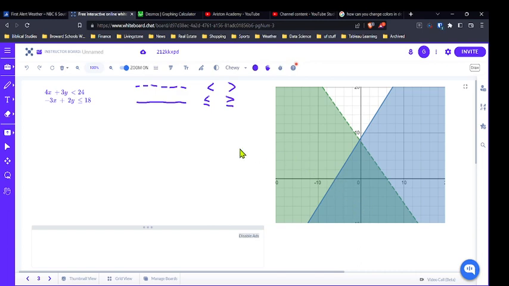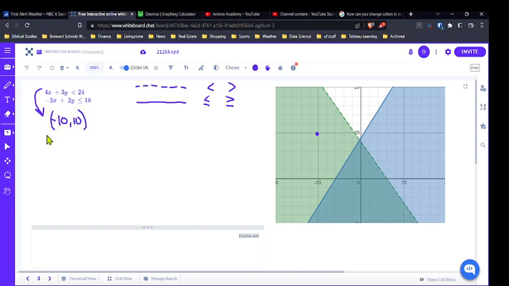Okay, so if I'm asked the question, find me a point that is a solution to this inequality right here, which is the green region, well, very simply, I can just pick a point like this. This is a perfectly good point, and say that minus 10 in the x and positive 10 in the y is a solution.